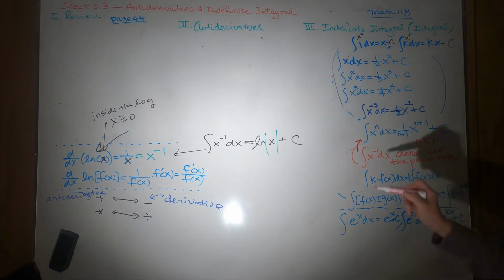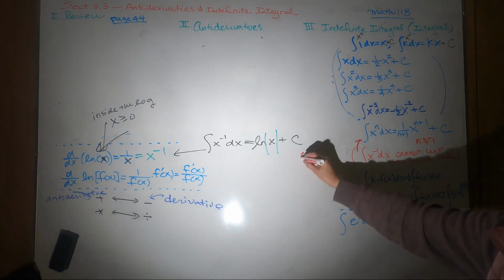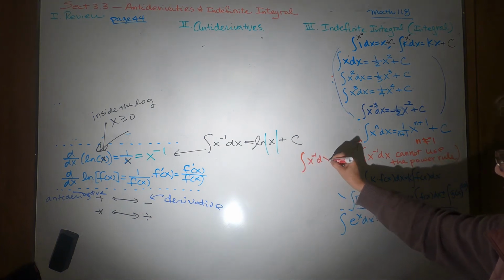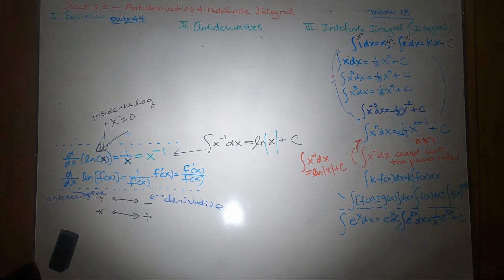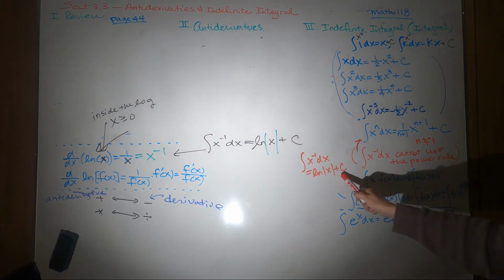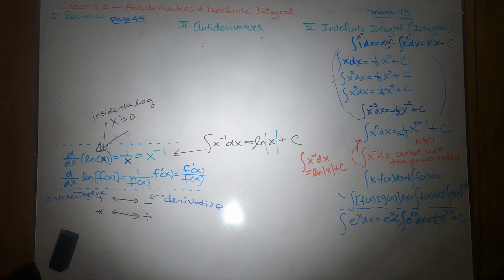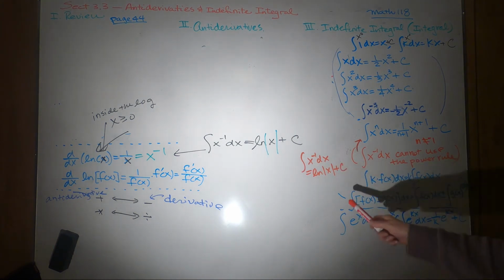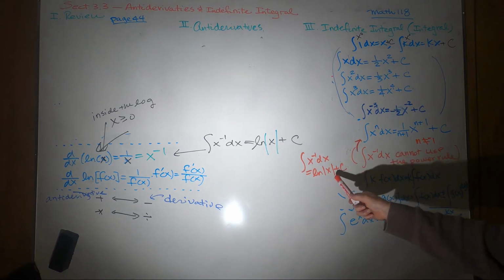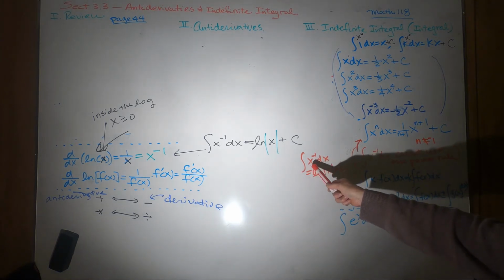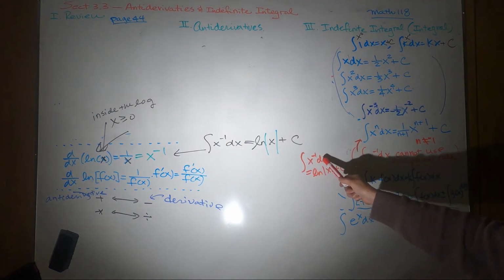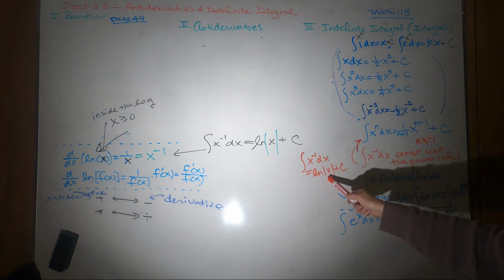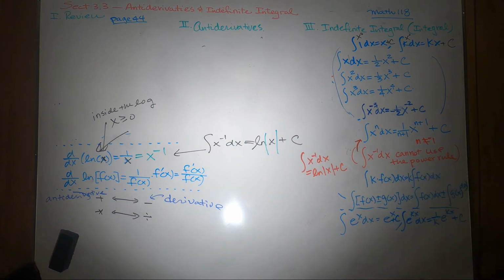So the antiderivative of x to the negative 1 dx has to be natural log of the absolute value of x plus c instead. We cannot use the power rule, we have to use the natural log rule. Okay? So for the natural log, the derivative is 1 over x, actually x to the negative 1. So when you take the antiderivative, you should go back to your natural log.